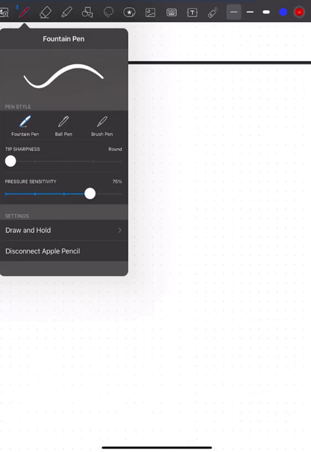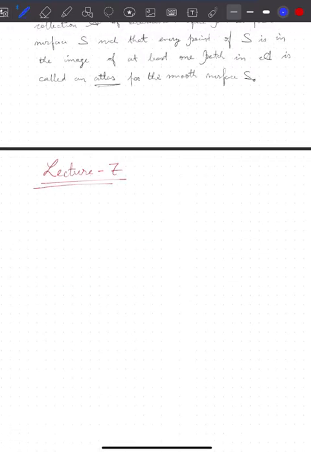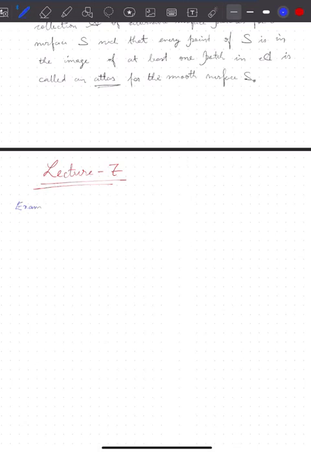Okay, so we have already talked about the allowable patch, so let's follow up with an example. Say a plane is a smooth surface.